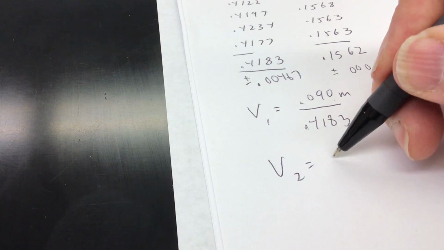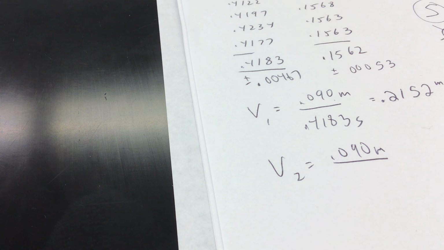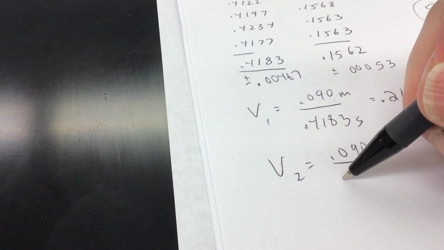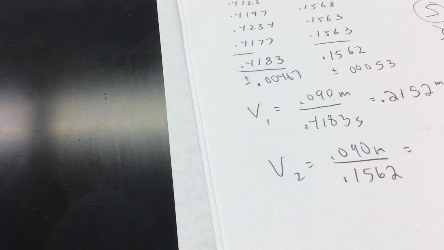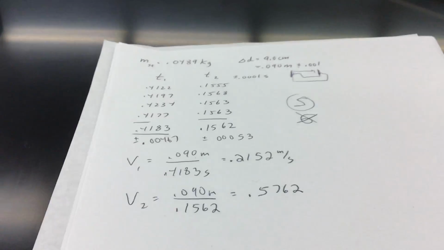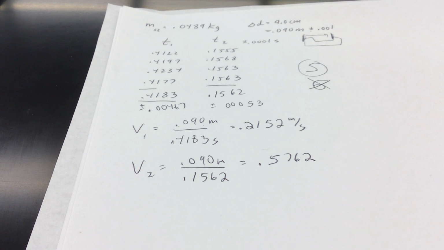V2, again, 0.090, that delta D stays the same for both of them because that's the card that I stuck on top of it. Here, the average time is smaller, it's 0.1562. So let's calculate that out, 0.09 divided by 0.1562, and we get 0.5762. Okay, so that's how you calculate the velocities, V1 and V2.